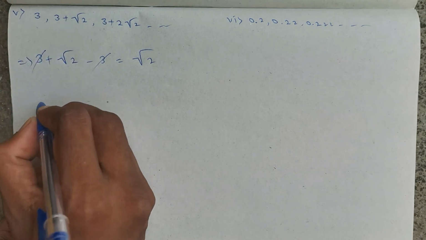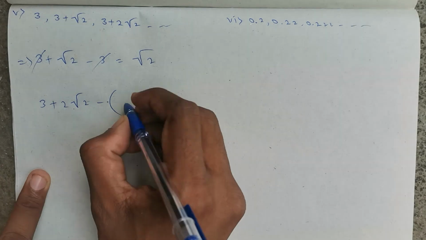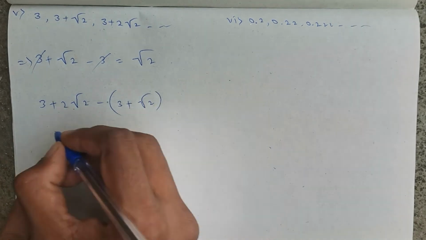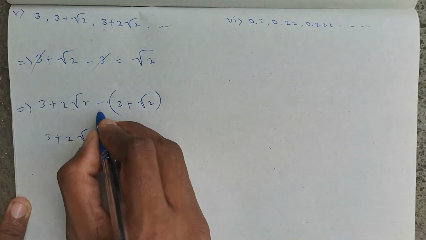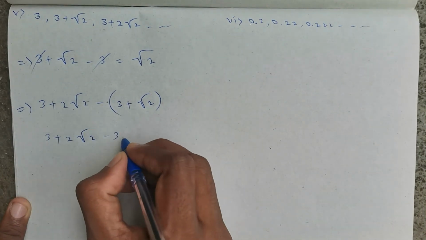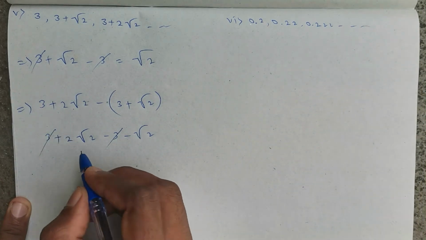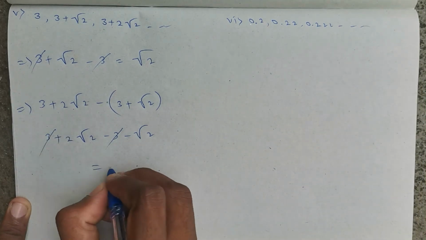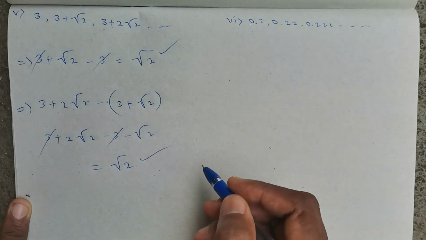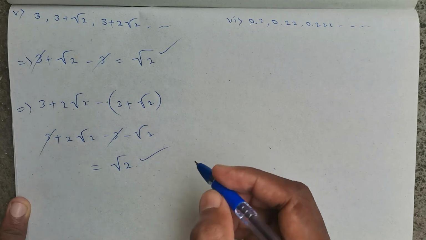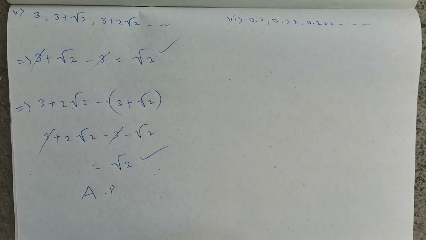Next, the third term is 3 plus 2 root 2 minus the second term 3 plus root 2. Here plus 3 minus 3 will get cancelled. 2 root 2 minus root 2 is nothing but root 2. Here the common difference is root 2. Here also the difference is root 2. So in both cases the common difference is the same. So this series is an AP.